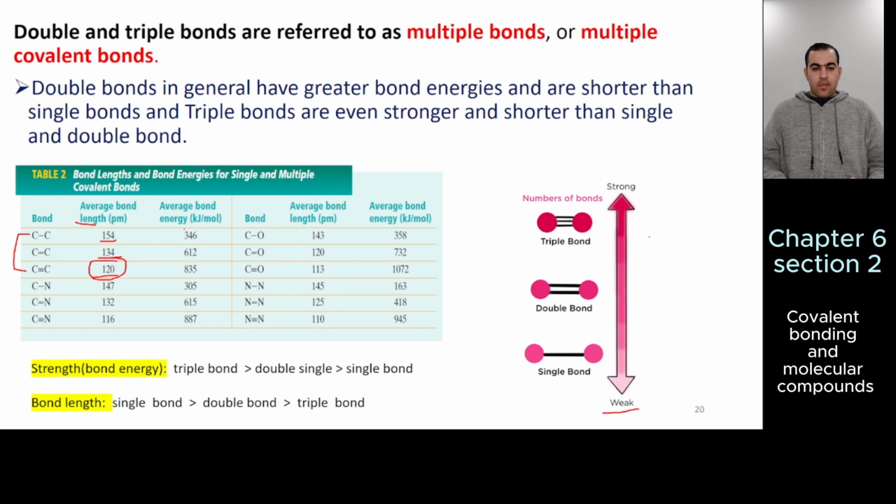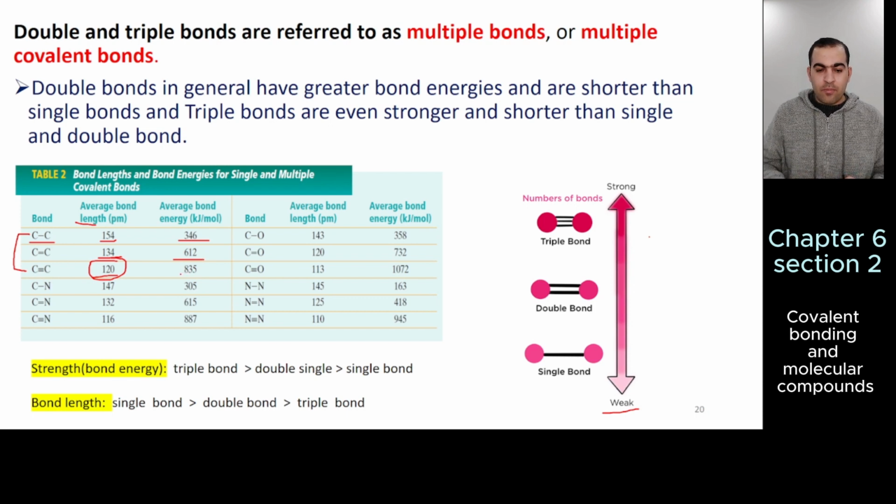And bond energy: when there is a single bond between carbons we need 346, but when there's a double bond we need higher energy. We know that bond energy is the energy you need to break a bond. When the bond is strong, you need high energy, right?